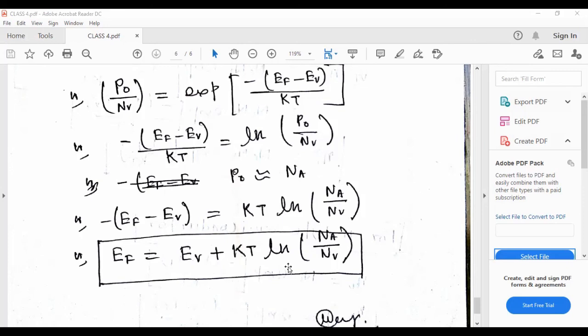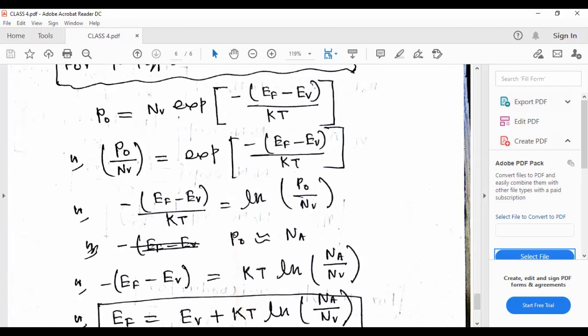This will be clear from here. For a p-type semiconductor, the Fermi level shifts towards the valence band, maintaining some distance from Ev. Look from here: Ef is basically Ev plus some other value, and this value is kT natural logarithm of Na upon Nv.